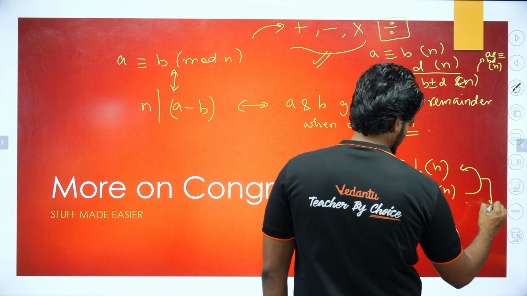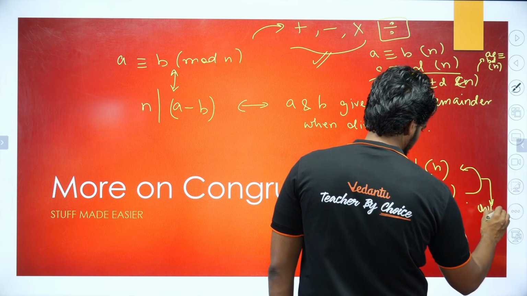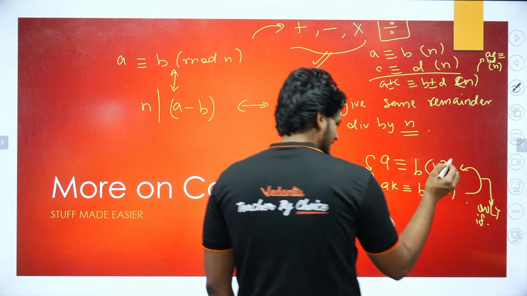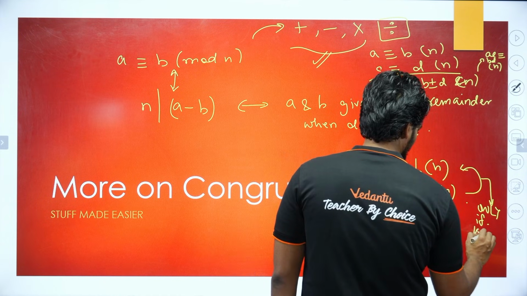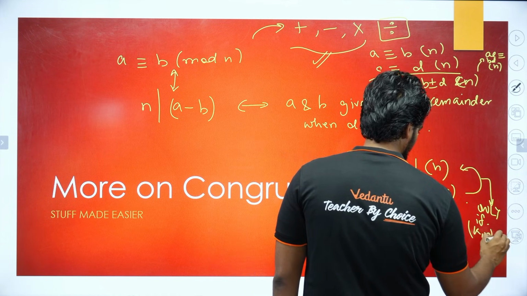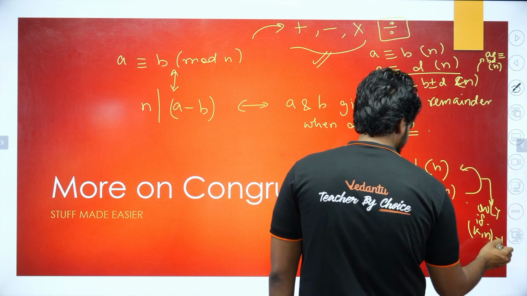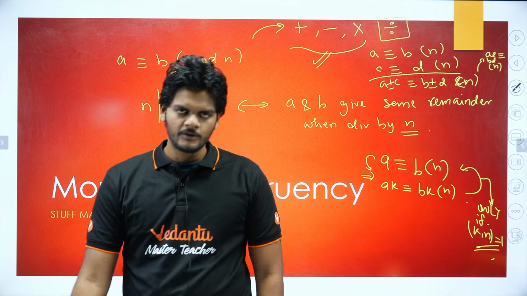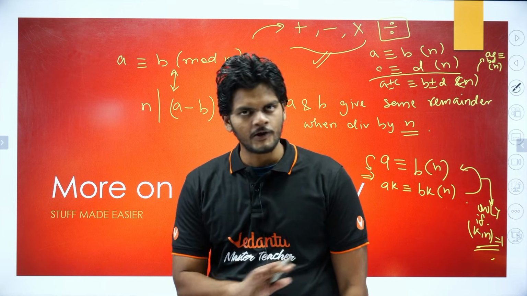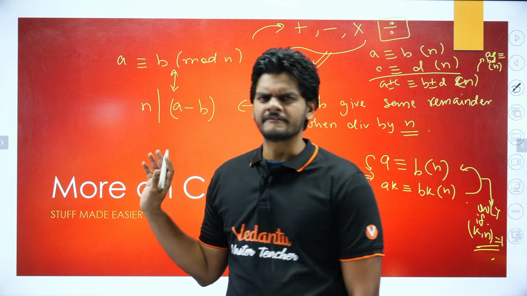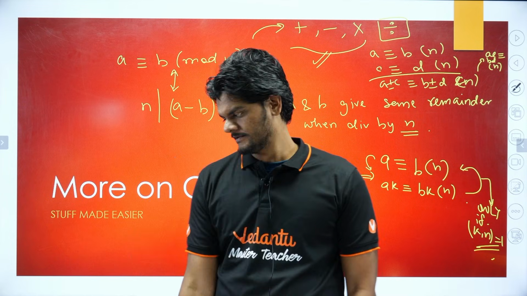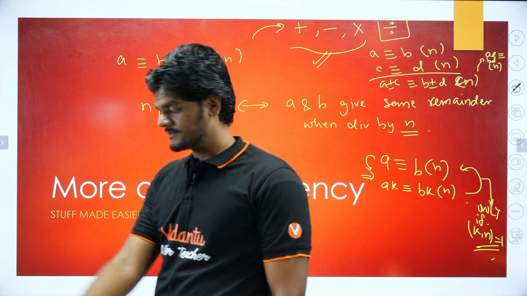This is possible only if, do you remember, GCD of k and n is 1. I hope so far I have covered almost everything which we need to know from the previous session.